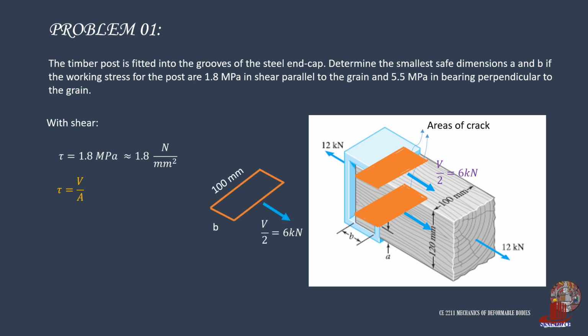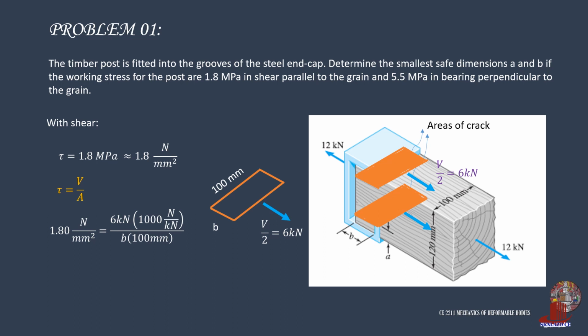If we translate the crack area, we have the dimensions B and the timber thickness of 100 mm. Therefore, using shear stress, we will be able to solve for dimension B. Plugging the values into the equation, we get 1.8 megapascal is equal to 6 kilonewtons by the conversion factor of 1000 newtons per kilonewton.